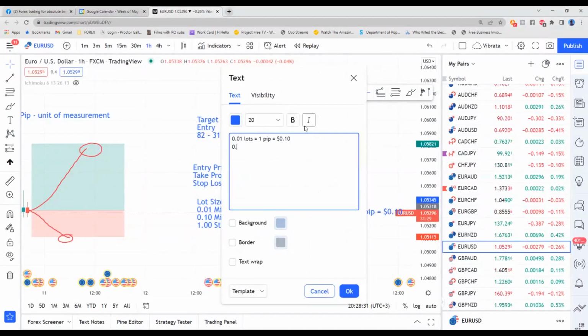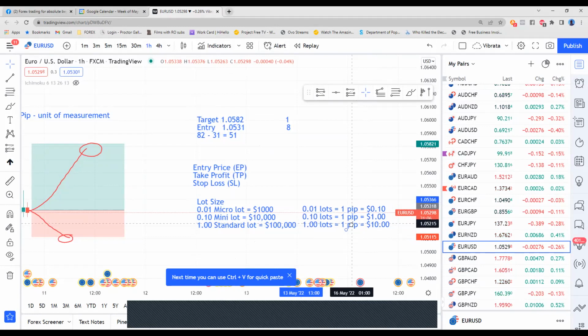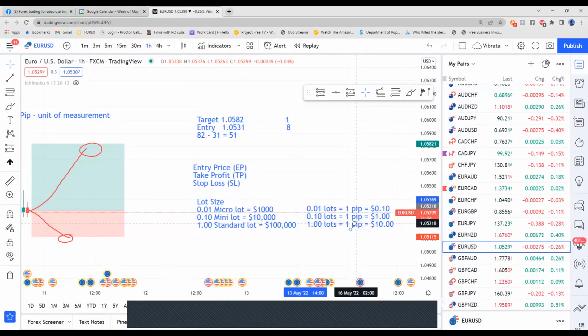Whenever we trade at 0.1 lots, 1 pip is worth around $1. And whenever we trade at a standard lot, 1 pip is worth about $10. So as you can see, guys, the larger your lot size, the more valuable a pip is.